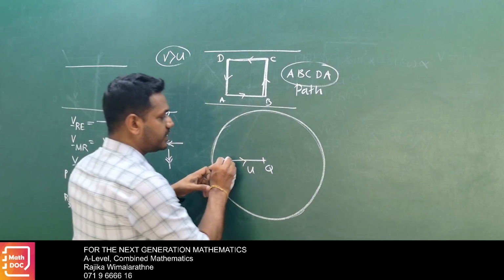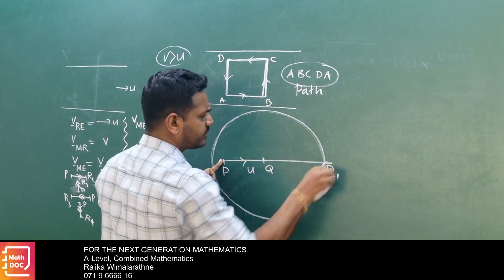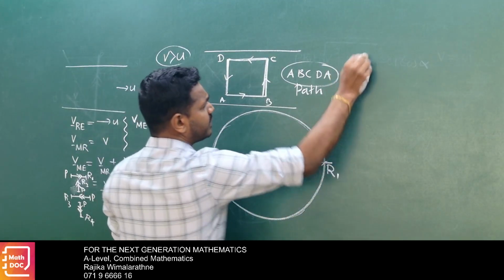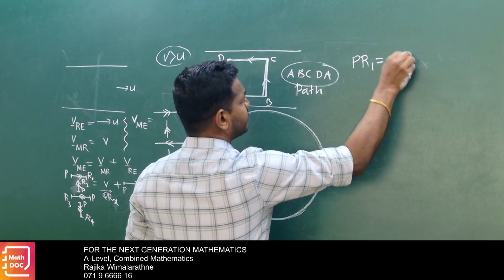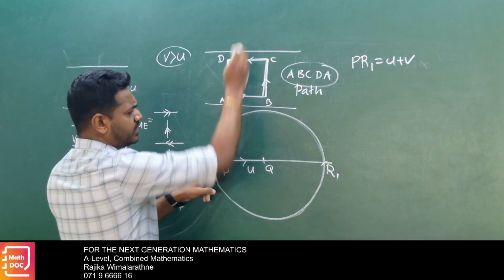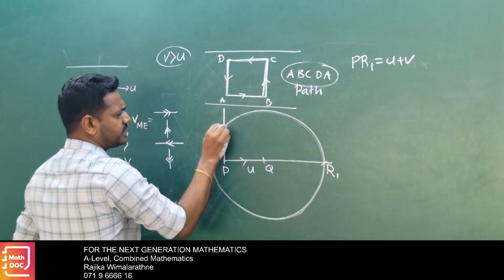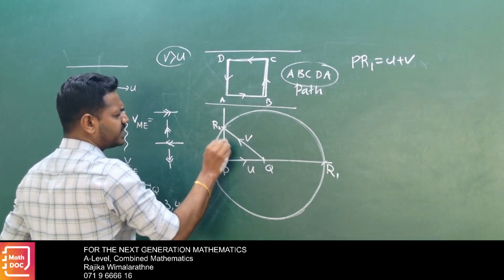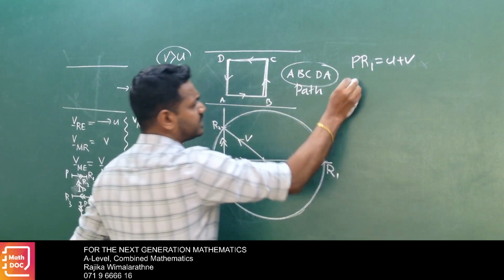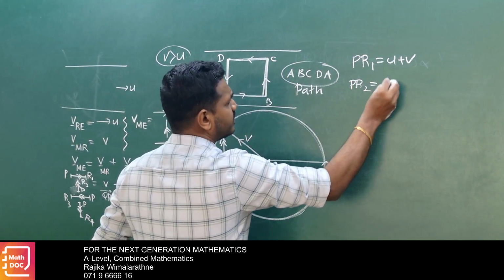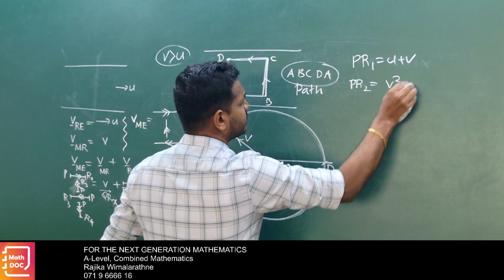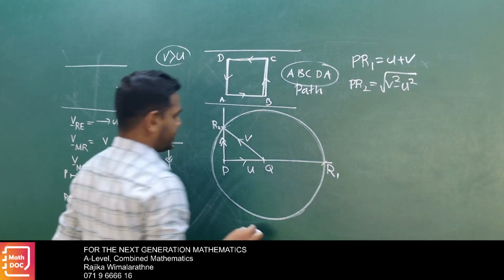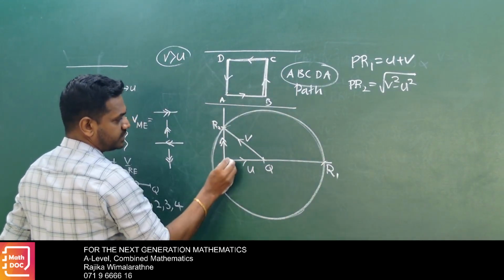Then PR1, here it is. We can find that, no? PR1 is U plus V. Then PR2, sketch it. Then this will be R2. Then here V, no? Then resultant PR2, apply Pythagorean theorem: square root of V square minus U square. Then PR3, opposite direction.